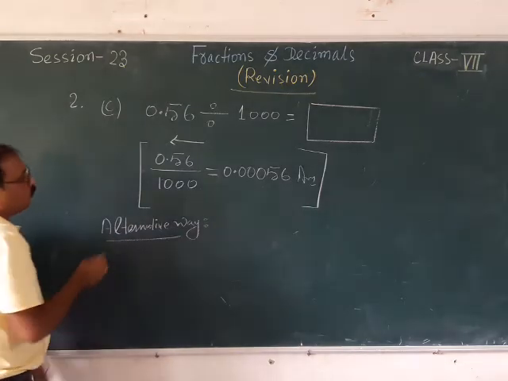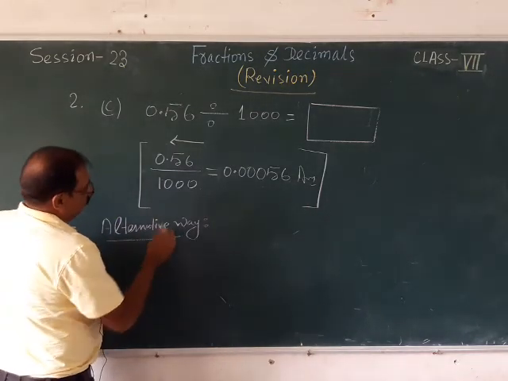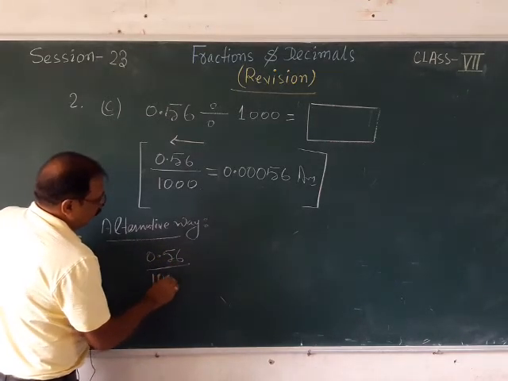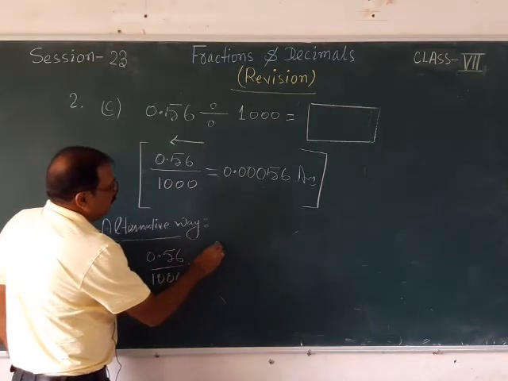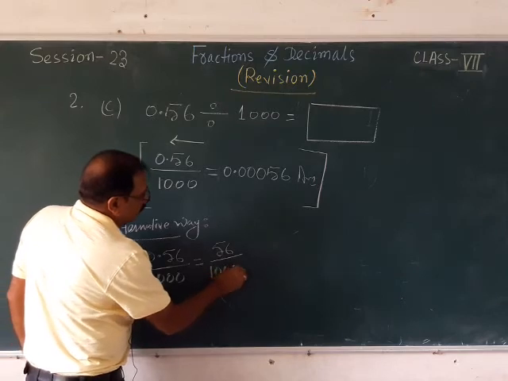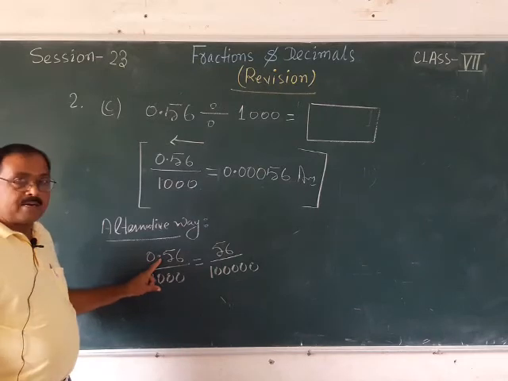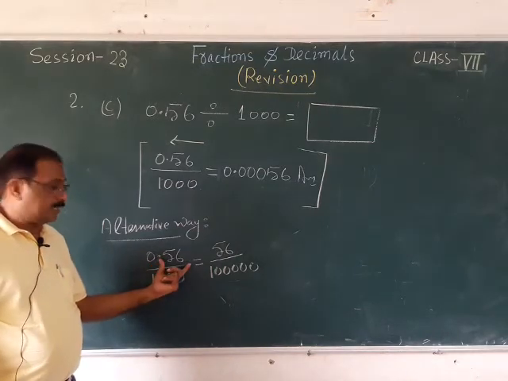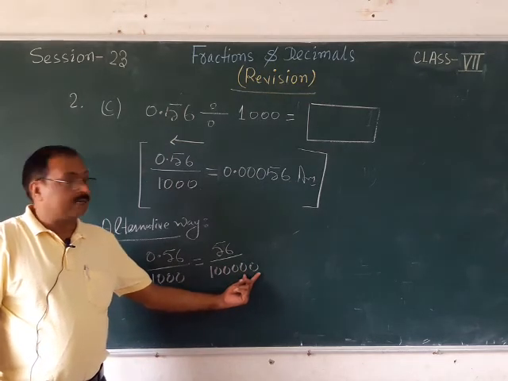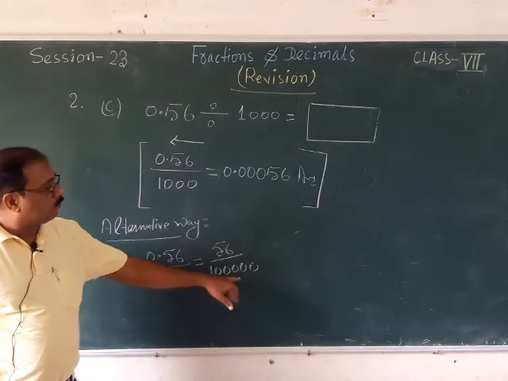Generally we work like this, but if you want, you can write 0.56 upon 1000, then I can write it as 56 upon 1 followed by how many zeros? 5 zeros, because to remove the decimal, after the decimal there are 2 digits, so you have to insert 2 extra zeros in the denominator. Now it becomes 56 upon 100000.